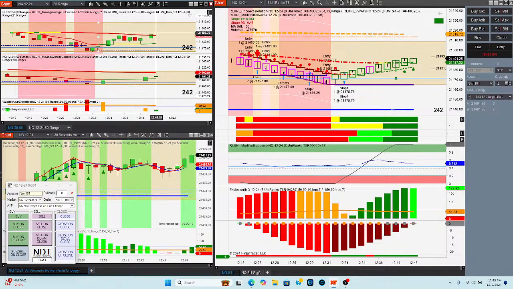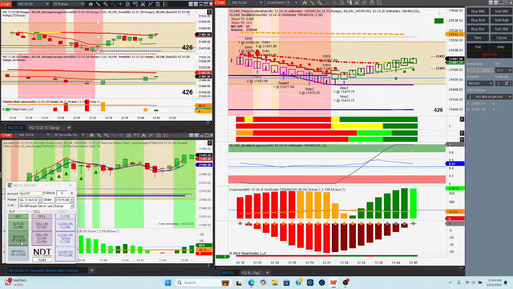Okay, this crosses, it'll start giving us some bias here once this turns green. Now let's see what happens when this is squeezing.